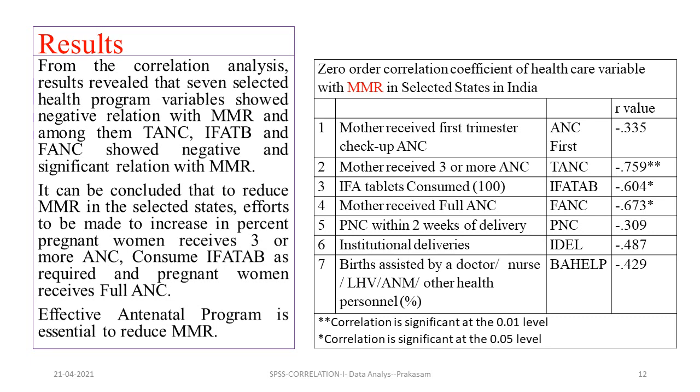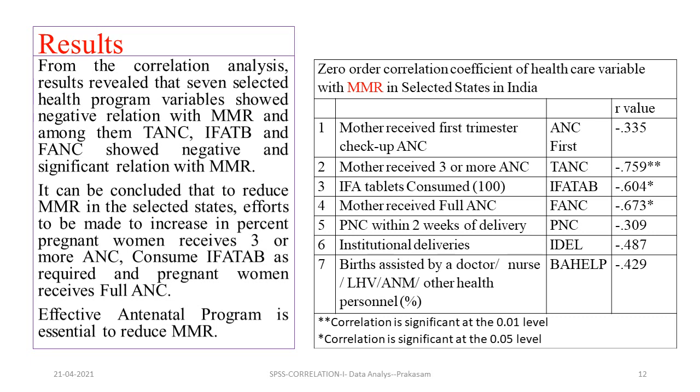It can be concluded that to reduce MMR in selected states, efforts should be made to increase the percentage of pregnant women receiving 3 or more antenatal care, consuming IFA tablets as required, and receiving full ANC. We say increase the percentage because there is a negative relation between MMR and the selected variables.